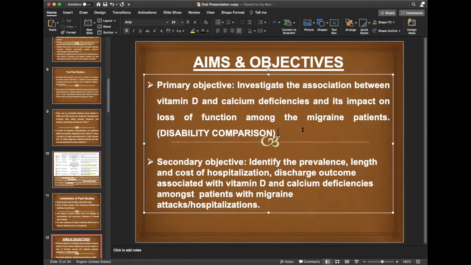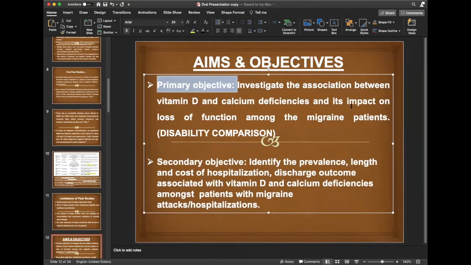And when you are going for poster presentation and oral presentation, a bonus point is if you have your objectives or aims divided into a primary objective or aim one, secondary objective, tertiary objective.